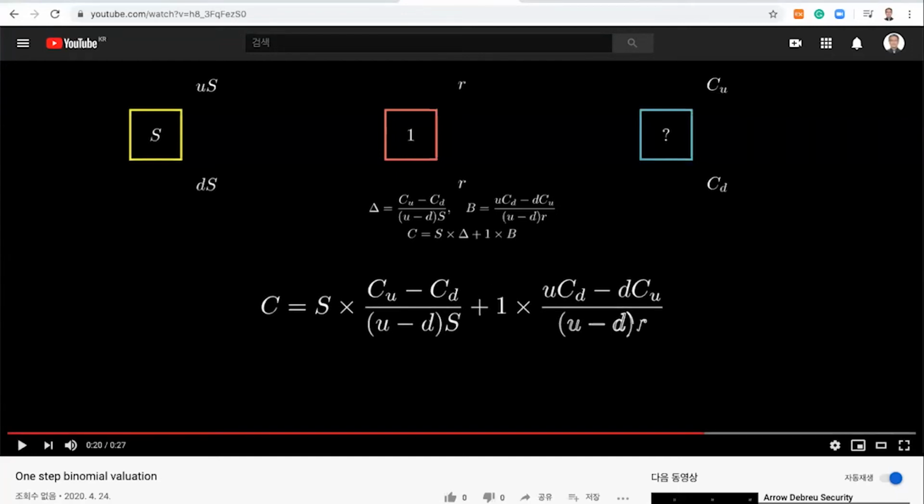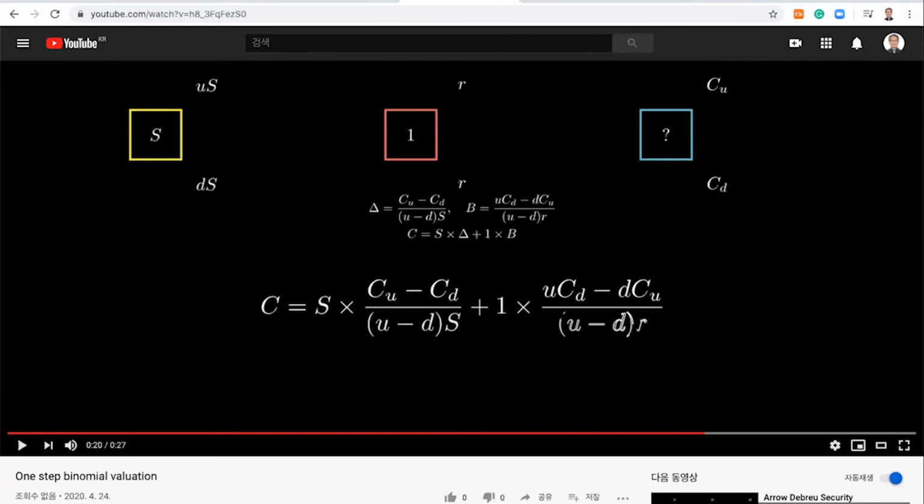And in order to calculate the C, you take the S and you take the 1 here and the delta and B. And then once you calculate this one, you will get the formula for the C. So this is the result of just plugging in this formula.